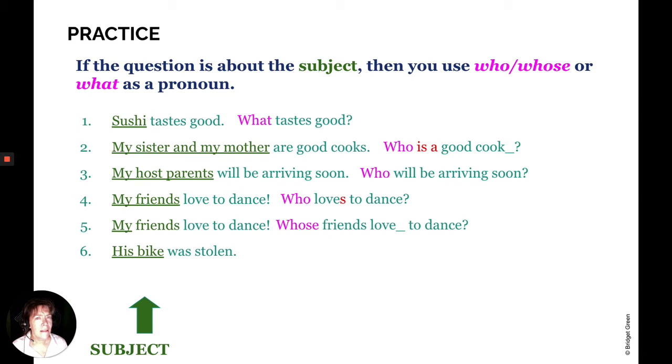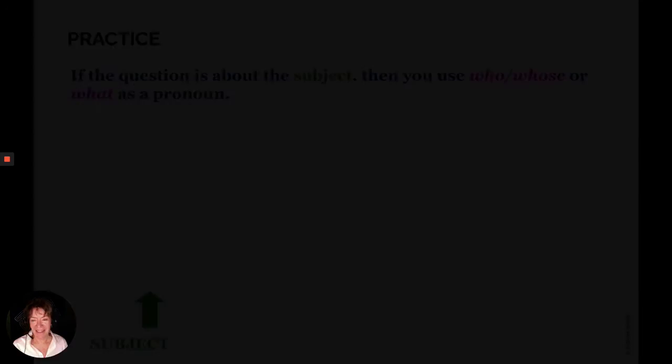Whose friends love to dance? Okay, notice this one, who becomes a singular verb, but whose does not become a singular verb. Okay, and finally, his bike was stolen. What was stolen? Good. Okay, moving on.